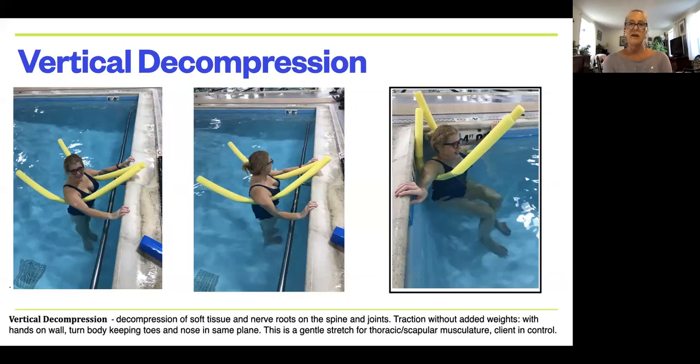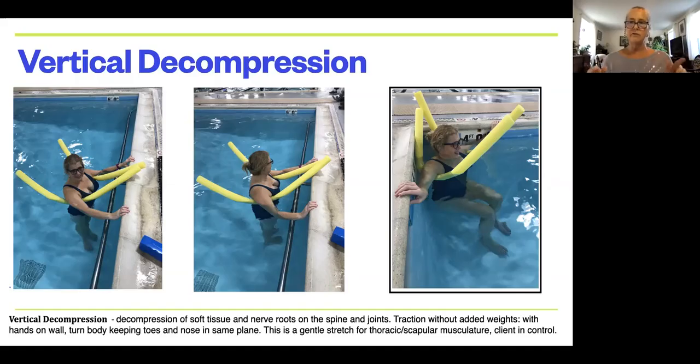This woman's about 6 feet tall, and her feet are off the bottom just because of the noodle underneath her arms. They're about 1 or 2 inches off the bottom of the pool, so she's not touching the bottom. It is decompression of soft tissue and nerve roots on the spine and the joint. So it's doing traction without adding weights. The hands are on the wall, or on the bar, so they've got good stability.